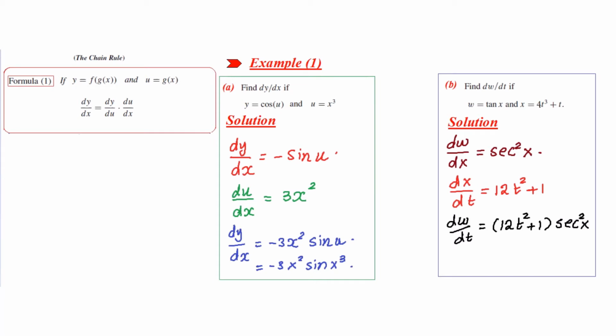Substitute x with 4t to the power 3 plus t, and you will get the final answer of part B. So this equals 12t squared plus 1 multiplied by secant square of 4t cubed plus t, and that's it.